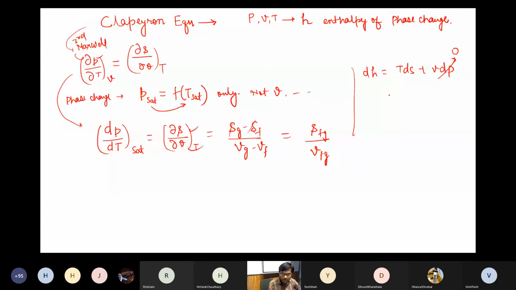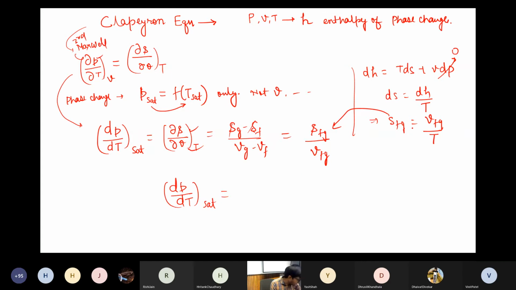So dS you can write as dH by T. More specifically, if I write in terms of Sfg, I can write hfg by Tsat. Okay, so we can put it over here. We can write dP/dT at sat is equal to hfg over T times Vfg. Okay, am I doing something wrong?